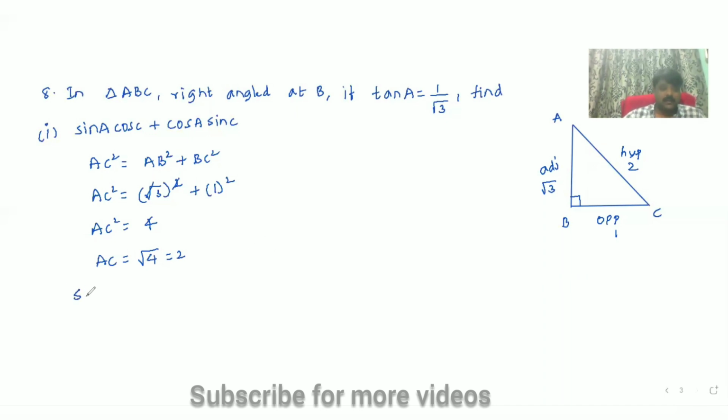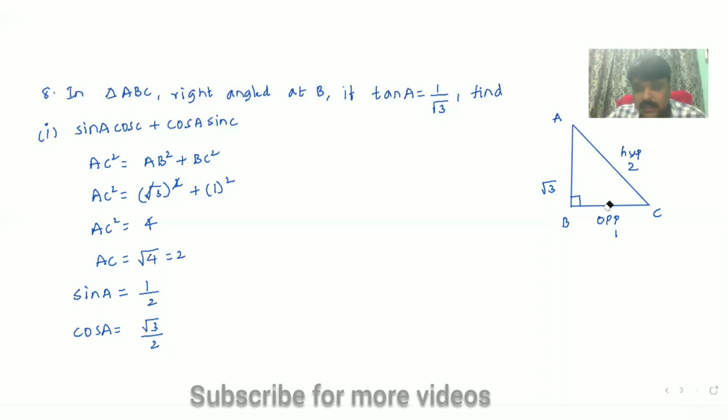Let us find the values of sin A and cos A initially. Sin A equals opposite by hypotenuse, that is 1 by 2. Cos A is adjacent to A by hypotenuse, root 3 by 2.